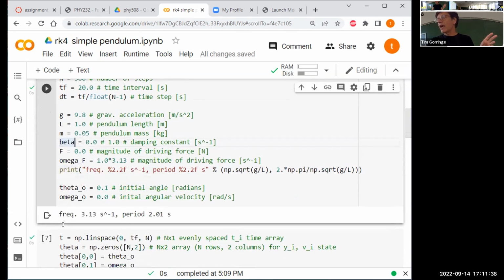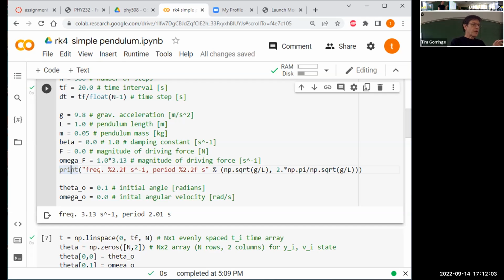I will print out, I show it here because it'll be a useful reference, the natural frequency of the pendulum, which is the square root of the acceleration of gravity divided by the length. So I'm going to print that out as a reference point.